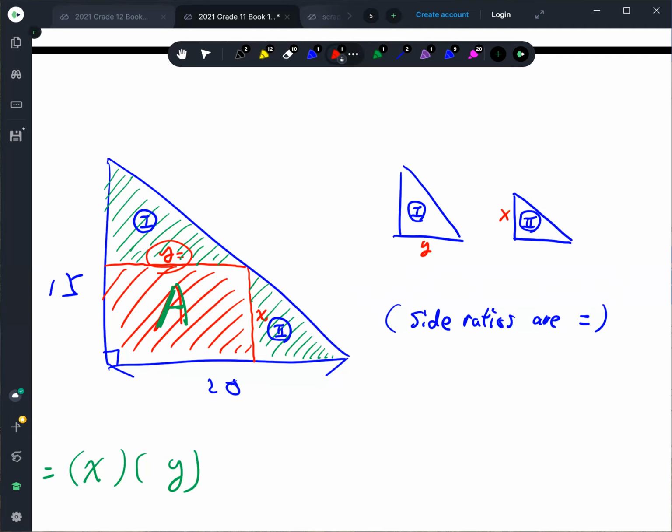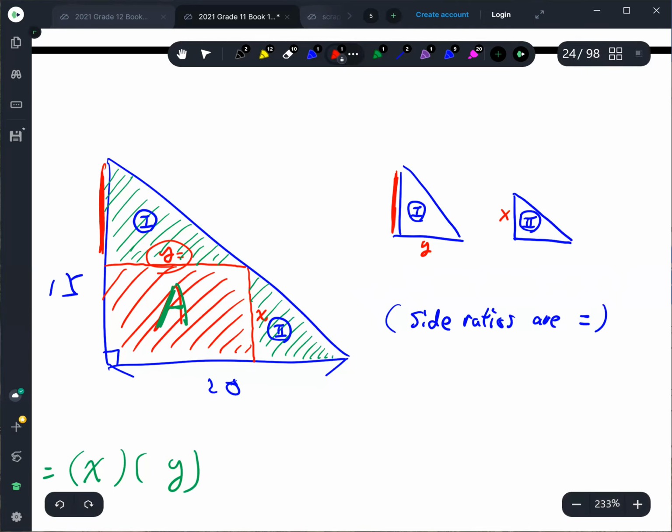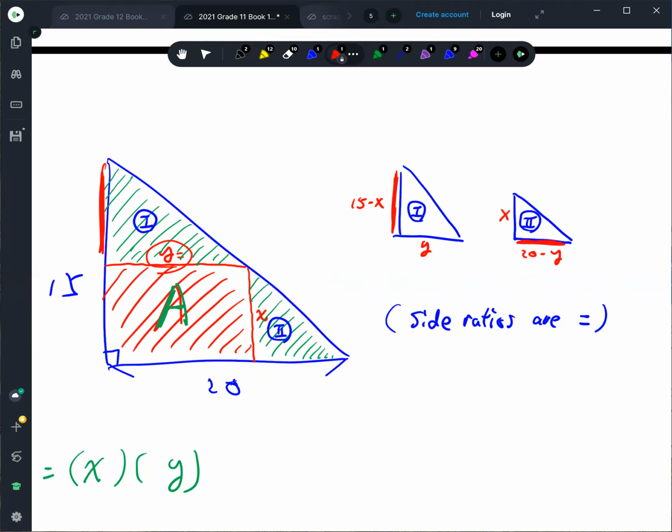Okay, and then you still have the missing side here. How do we write this part? Oh, 15 minus x. Okay, we still have another missing side, which is here. How do we find that? 20 minus y. So now we have the two sides of each triangle, then we can set up the side ratios. Okay, how do we do that?